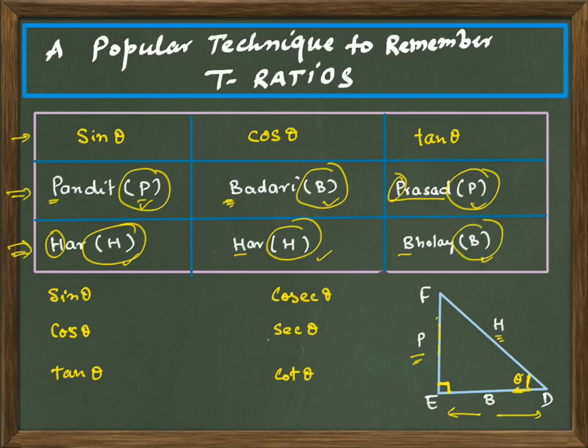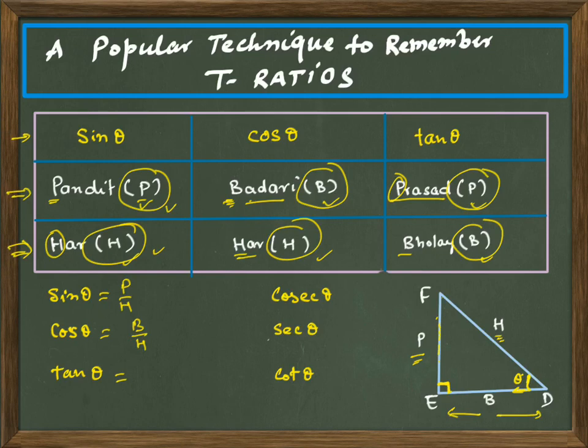Now if I have to write sine theta, it will be Pandit by Har, which means P by H. Similarly, cos theta will be Badri by Har, so Badri is B and Har is H, B by H. Now we will see tan theta.